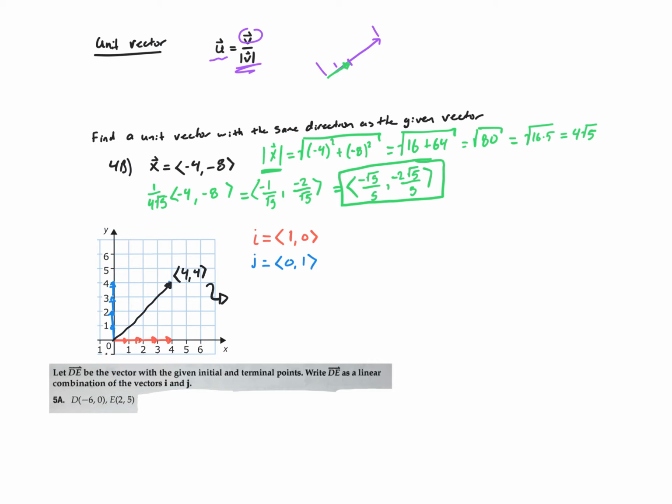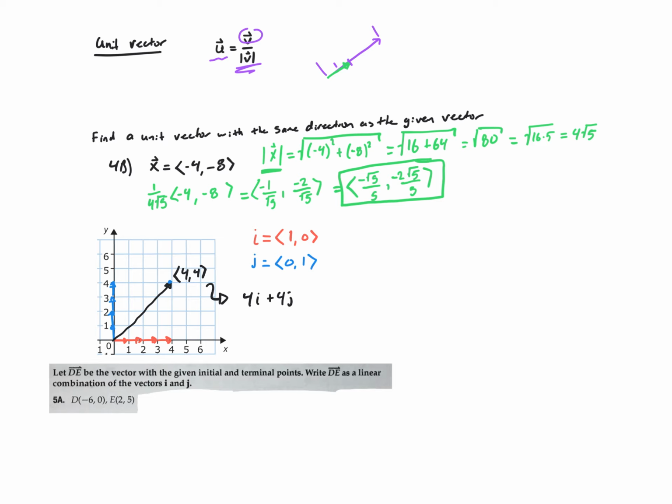Right, because if I added those together, it would get me to that same spot right there. So that would be the same thing as 4 red ones, which is the i, plus 4 of the blue ones, which is the j. So this is what we call a linear combination of unit vectors. Okay, and they're pretty simple to get.